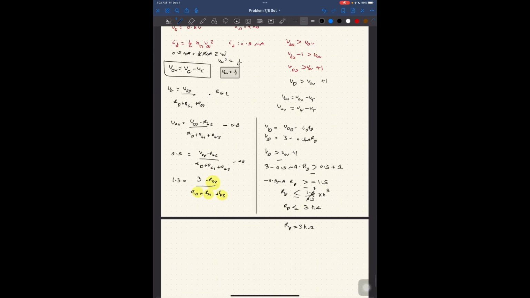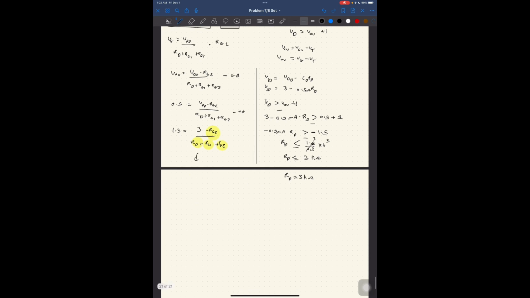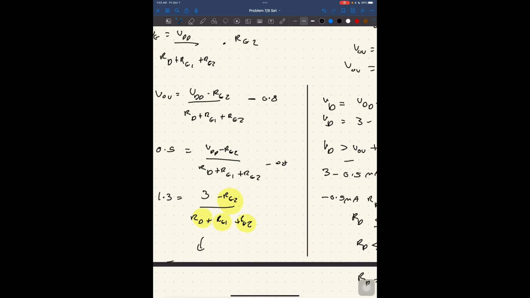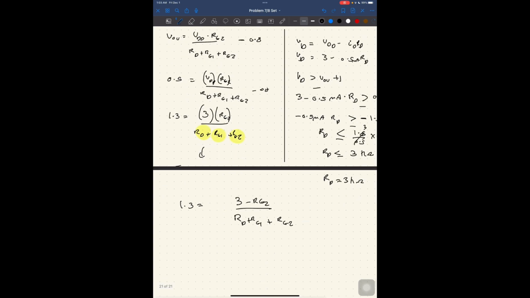So now I know that 1.3 is equal to 3 times RG2 over RD plus RG1 plus RG2. This is an absolute mistake, by the way. This is VDD times RG2, and this is VDD times RG2. Right?